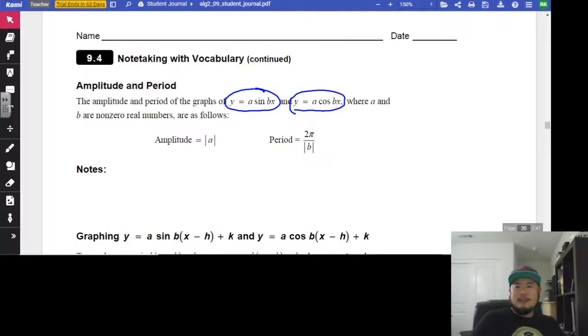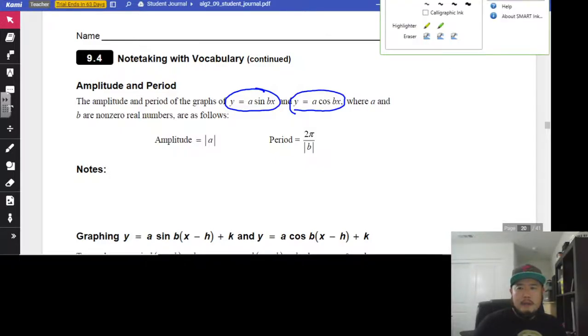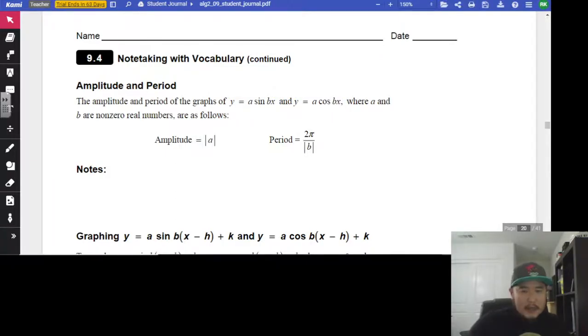That's going to have something to do with not only our amplitude, but also vertical stretch. When we talk about bx, that b term, we're dealing with our input, and that'll deal with our horizontal stretch and shrink. We'll talk about that more later on in 9.4b. But let's take a look right here.